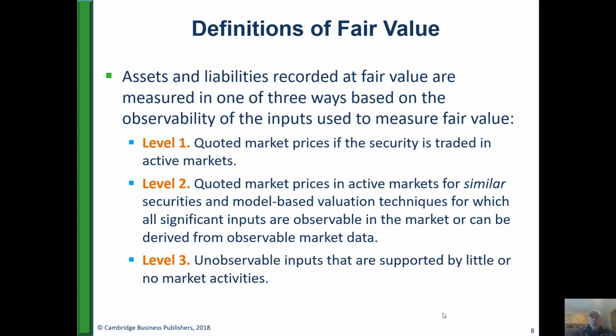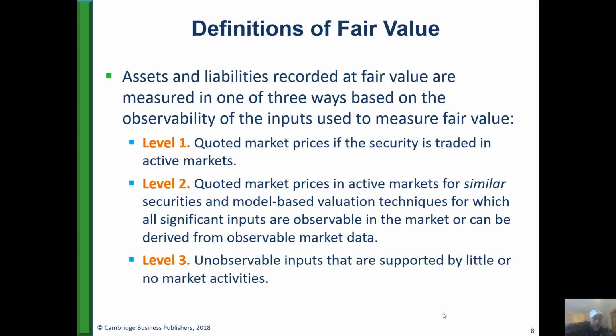We know what they're worth on any given day because we can look up the price. Level 2 might be a little bit less liquid, so those are quoted market prices in active markets for similar securities. You might think of like a private equity market here.